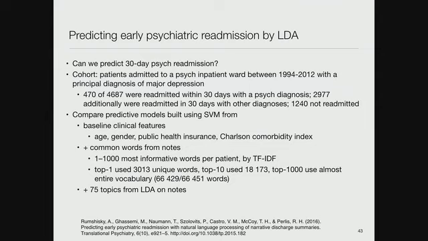And then we said, well, what if we add to that model common words from notes? So we did a TF-IDF calculation. This is term frequency divided by log of the document frequency. So it's how specific a term is to identifying a particular kind of condition. And we take the 1,000 most informative words, and there are a lot of these.